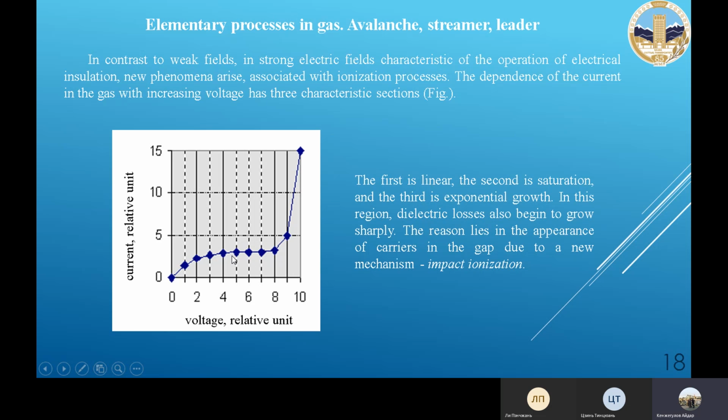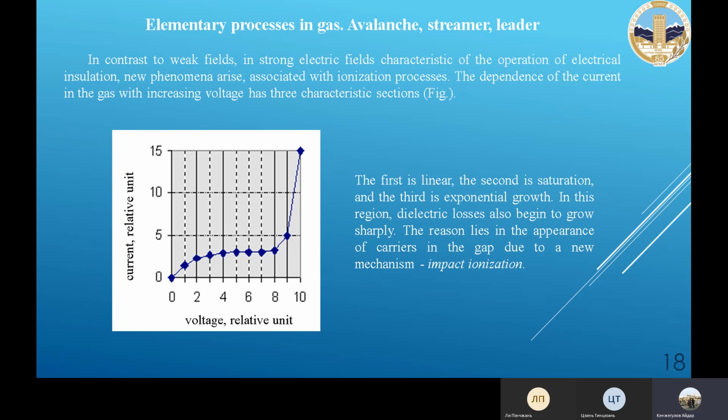So the first is linear, the second is saturation, and the third is exponential growth. In this region, the electric losses also begin to grow sharply.